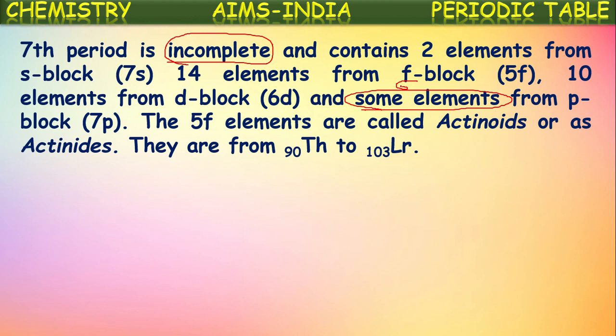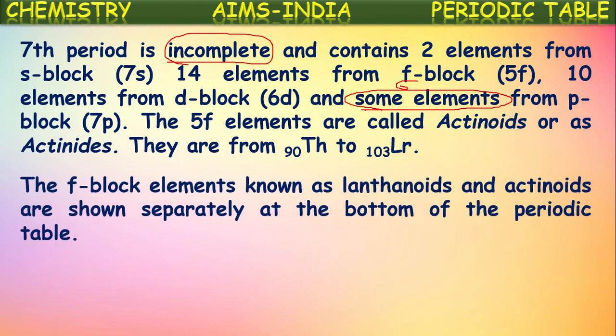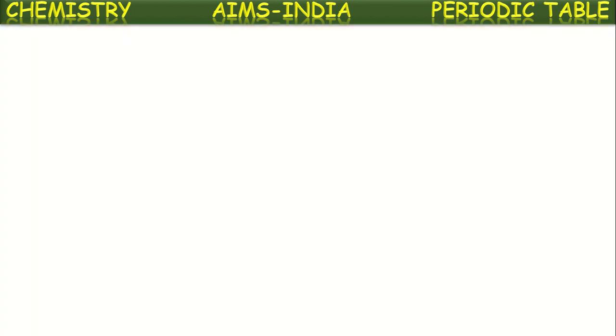What are those? Thorium to lawrencium. These elements are in the last horizontal line of the modern periodic table. Okay, the F block elements known as lanthanoids and actinoids are shown separately at the bottom of the periodic table to make it convenient.